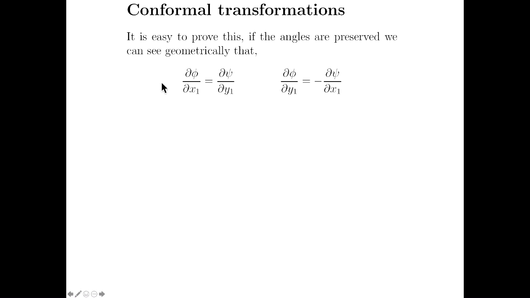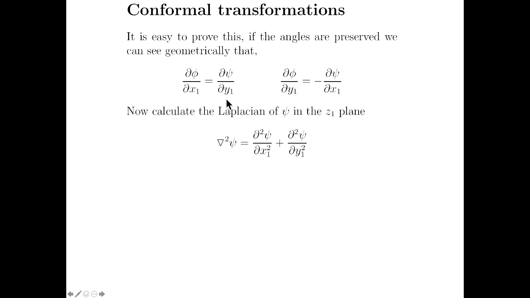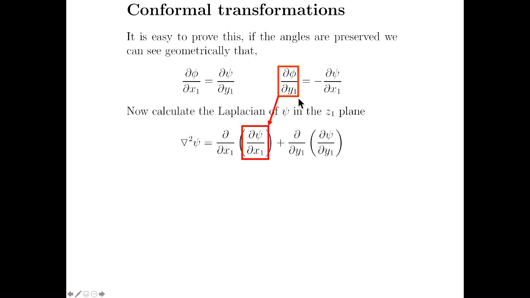If angles are preserved in the transform plane, the Z1 plane, and if I calculate the Laplacian of psi, I can then swap this term, del psi del x1, with del phi del y1, and del psi del y1 with del phi del x1.